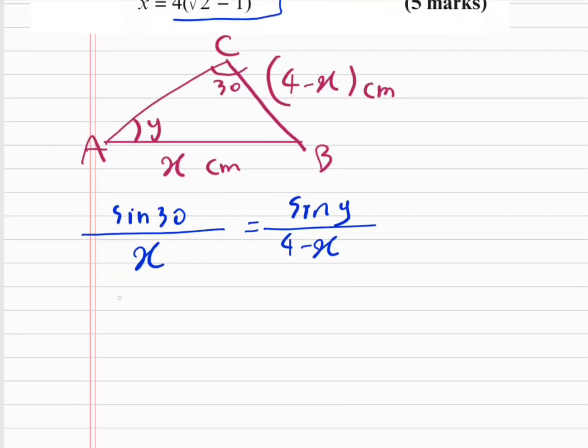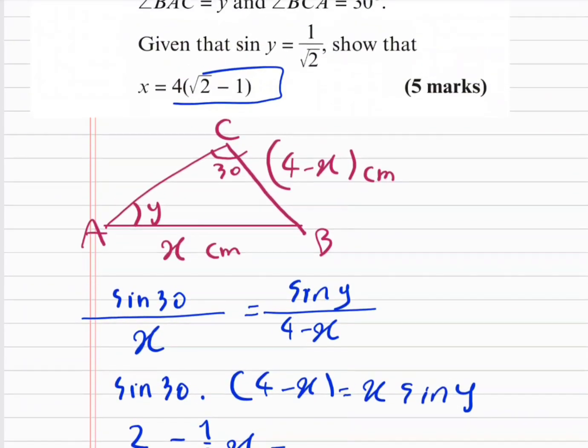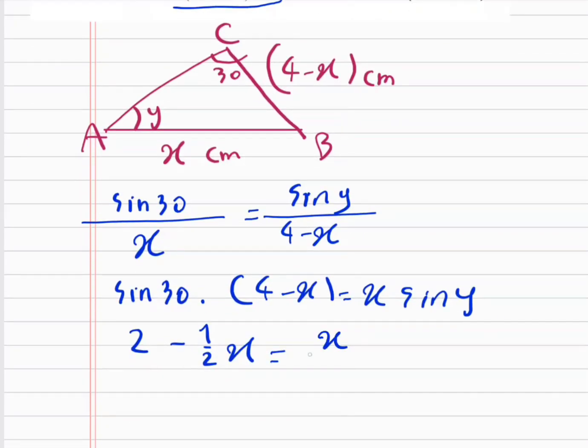Okay, so we can do a simple cross multiplication first. So sine 30 times 4 minus x is equal to x times sine y. Now sine 30 is just a half, so we get half times 4, which is 2, and then half times minus x. On the other side, remember that sine y is just 1 over root 2, so we get x over root 2.